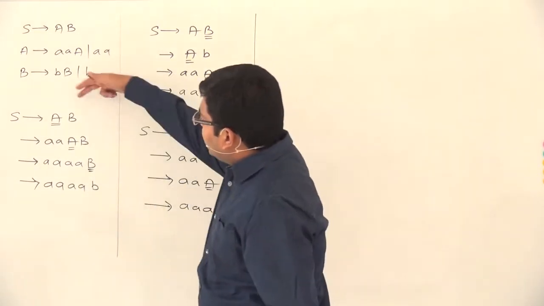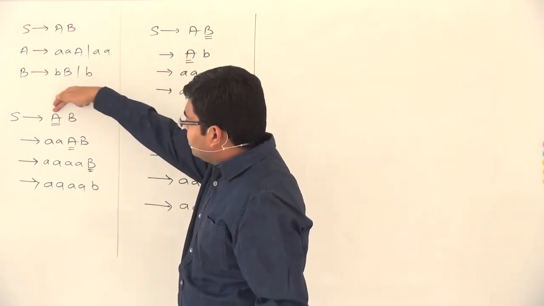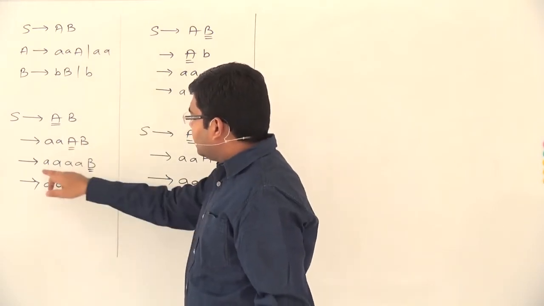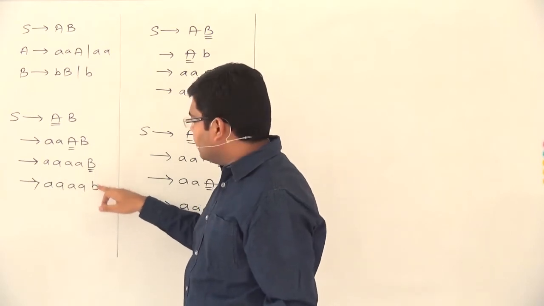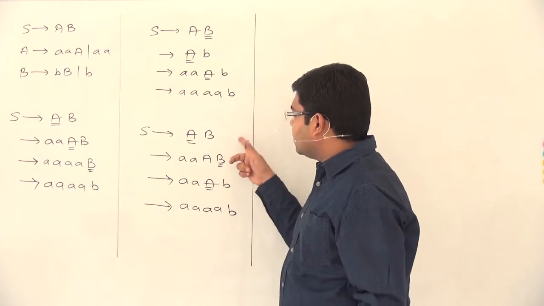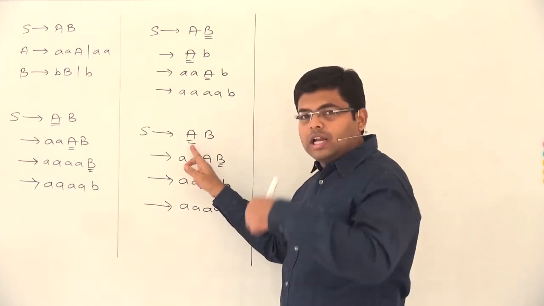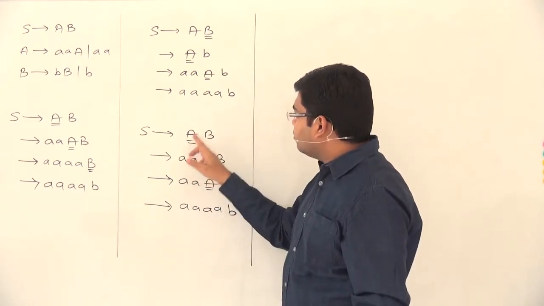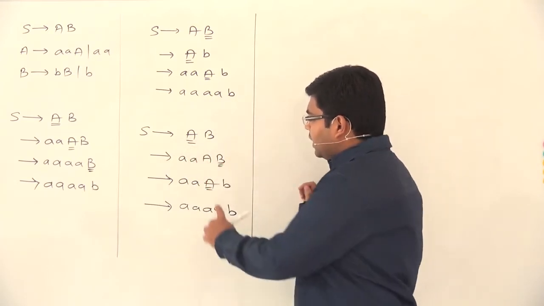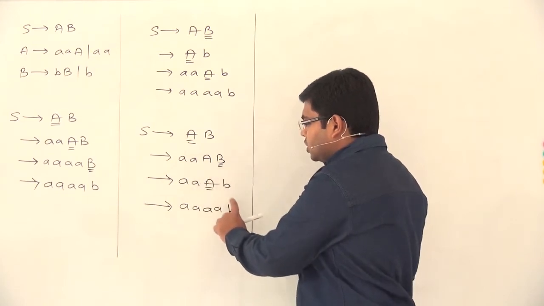Herein we had two variables, we replaced the leftmost variable, then again we had two variables, we replaced the leftmost variable, and then only one variable was left, we replaced that variable. In the third derivation, first of all we replaced the leftmost variable, then we replaced the rightmost variable, and then only one variable was left which was replaced.